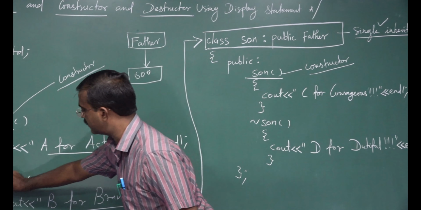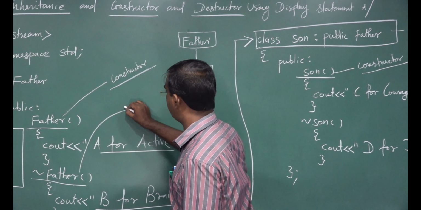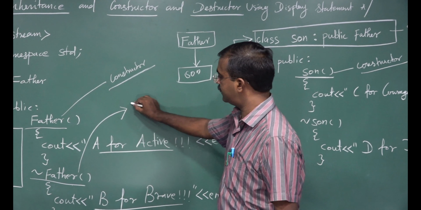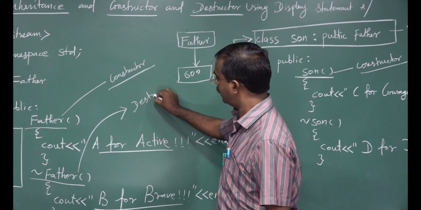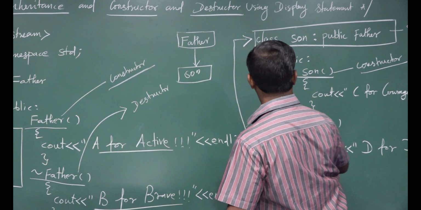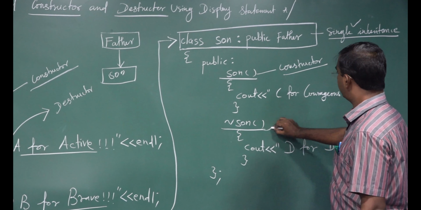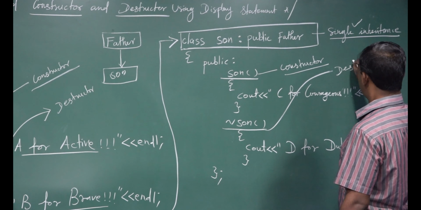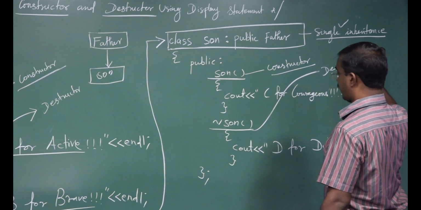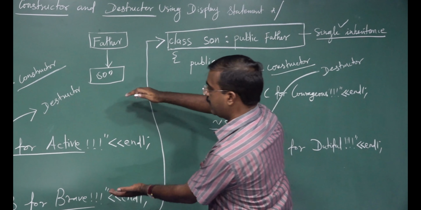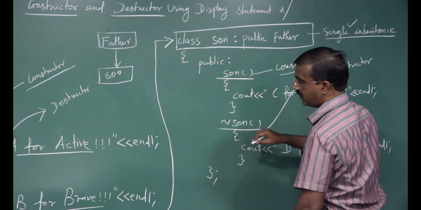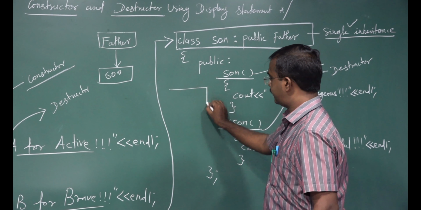In this process, the tilde symbol is mentioned for the destructor. Here also the tilde symbol; this is also a destructor. But this is the base class, and this area is the derived class.